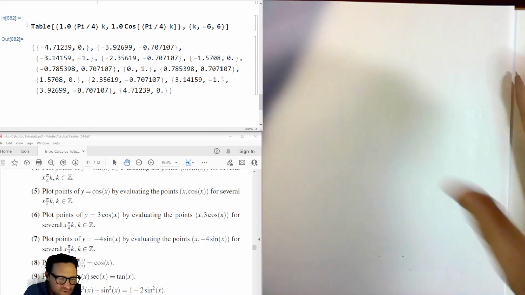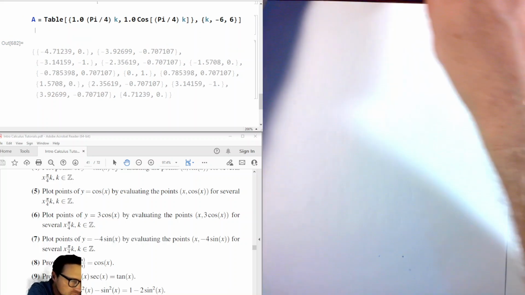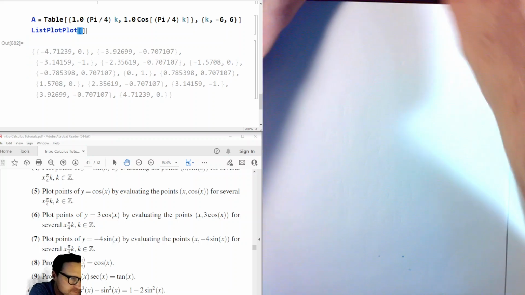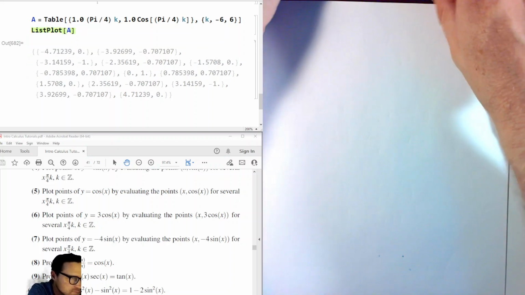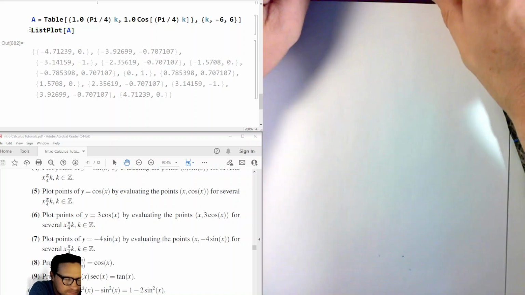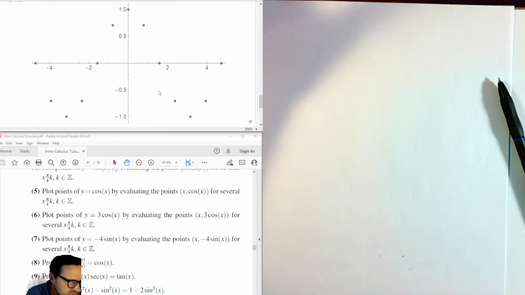Okay, and so now that we've got this, I'll put this in memory, and then I'll plot that by writing ListPlot. And let's call this B. Okay, so we have a bunch of points, and this is what you would find by hand.